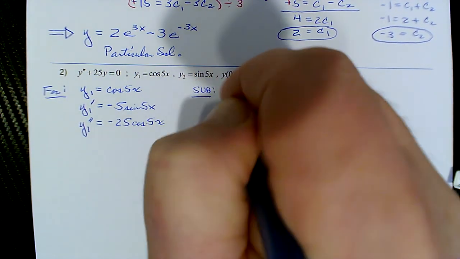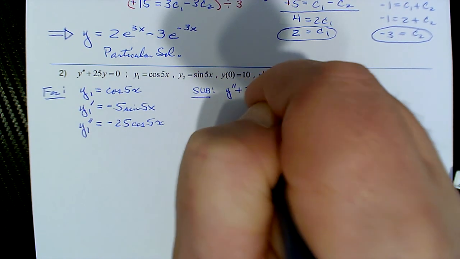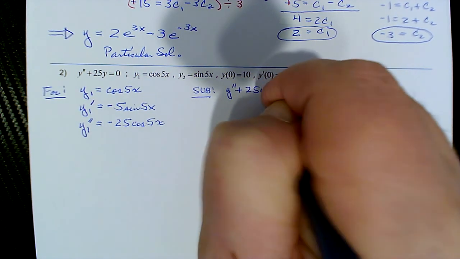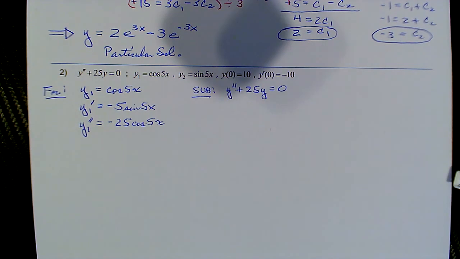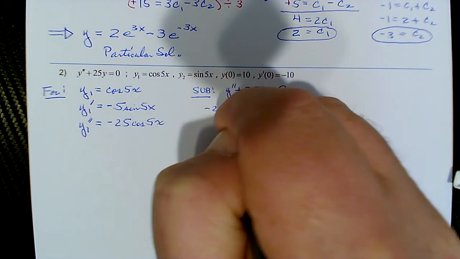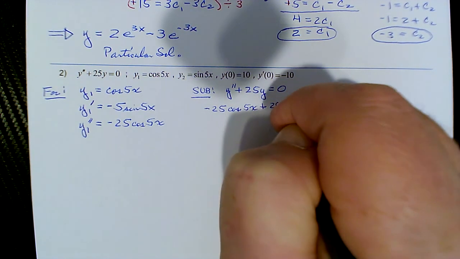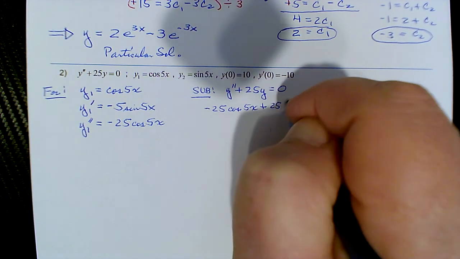So for the verification, we substitute. If you want to recopy the original equation, or if you just want to show the substitution immediately, either way is fine. But we get negative 25 cosine 5x, and then plus 25 times y, which was cosine 5x.